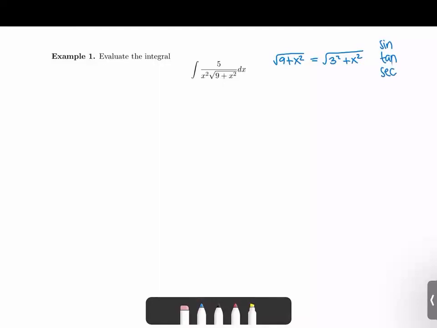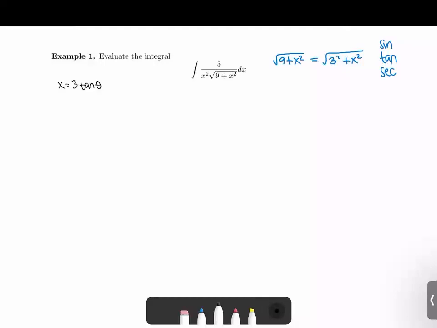So we're going to use the substitution x equals 3, because that's the number being squared, times tangent of theta, and then use this to rewrite our integral. But first, before I rewrite it, I'm going to set up some background to make this easier.